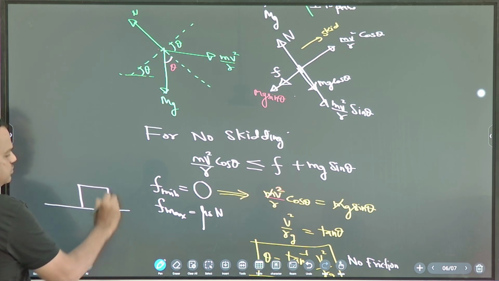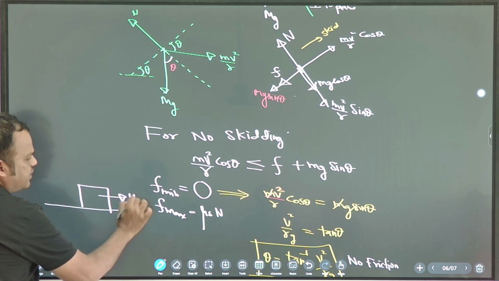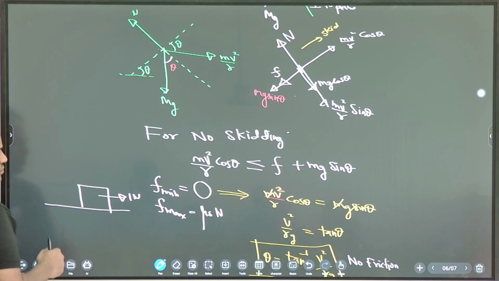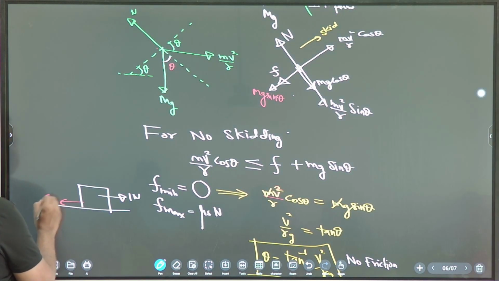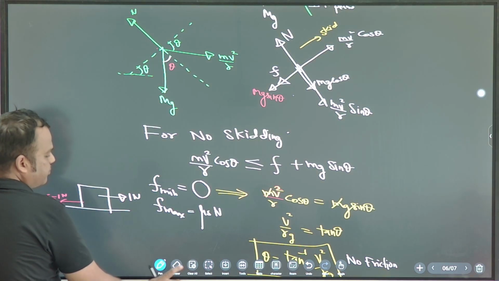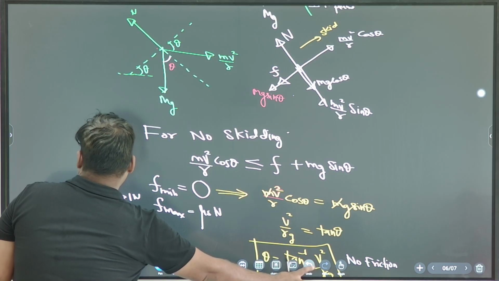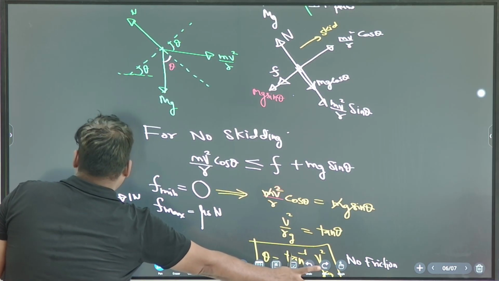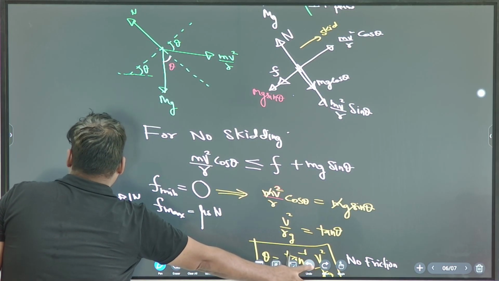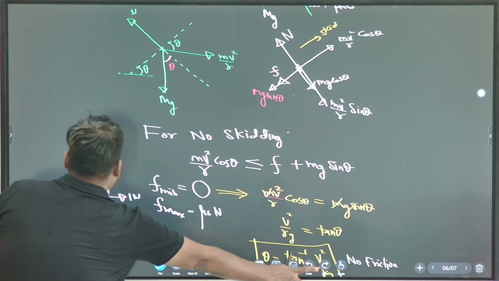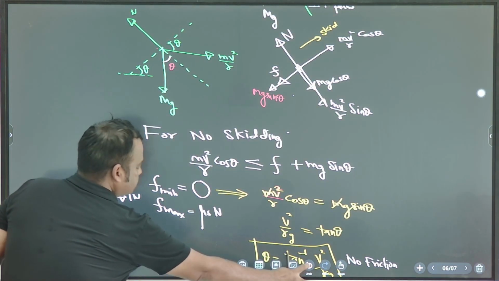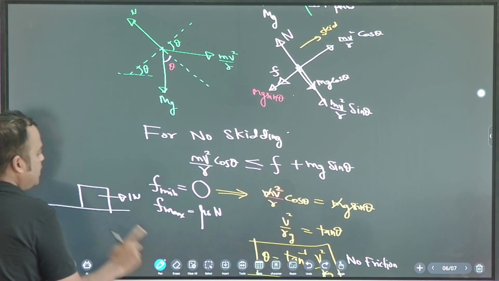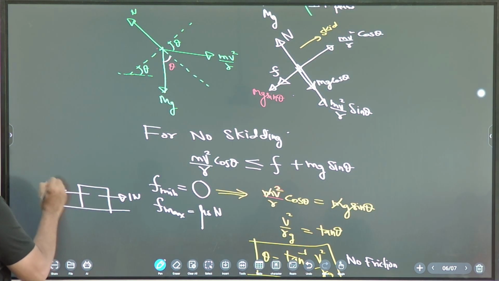Suppose you have a block. On the right side you are exerting 1 Newton. So what is the friction? Friction will be 1 Newton to the left. Correct? But suppose on the right side you exert 1 Newton, and on the left side you also exert 1 Newton.